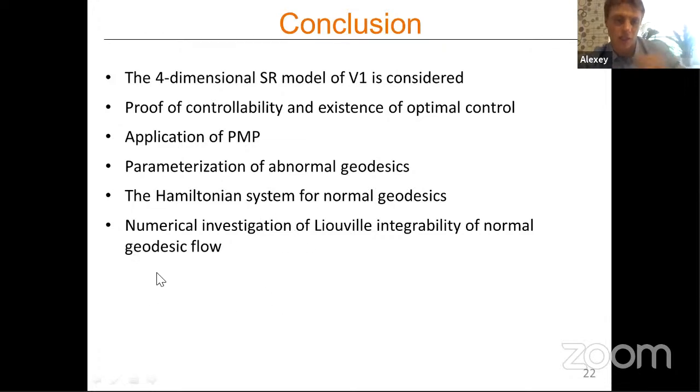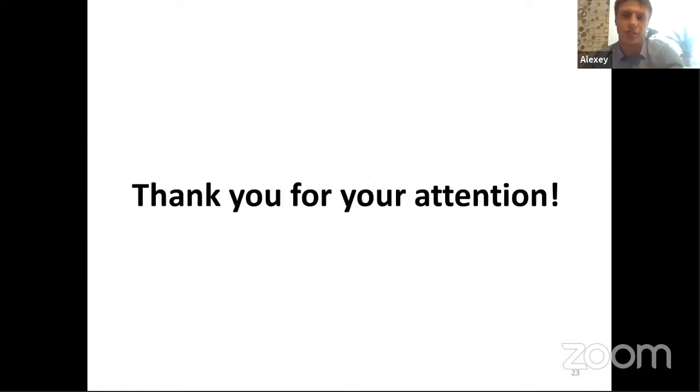So the next step, which is quite challenging, is to find this remaining first integral and afterwards to find the exact parameterization of the normal geodesics. Thank you for your attention.